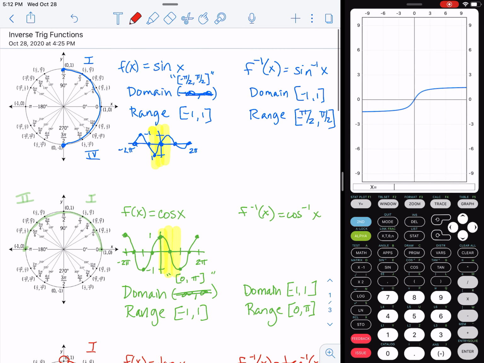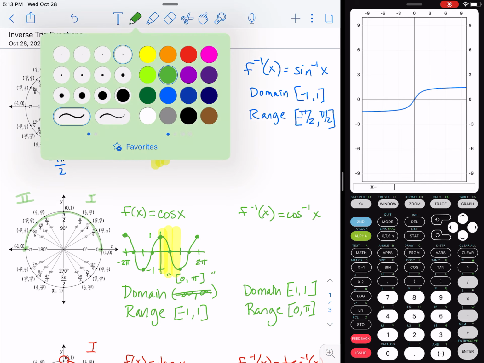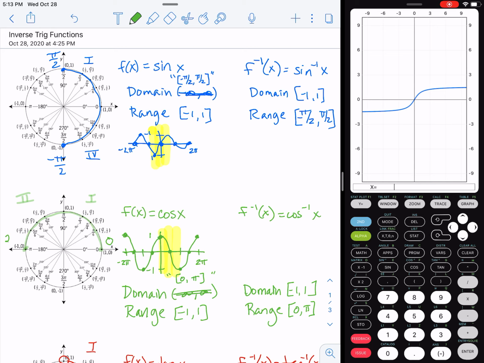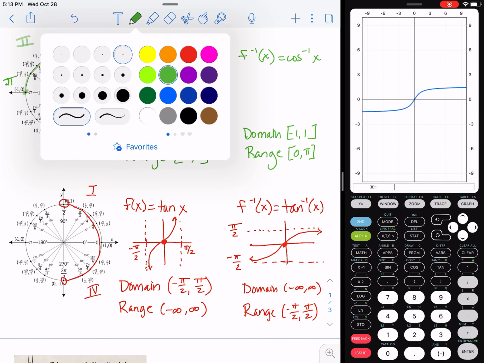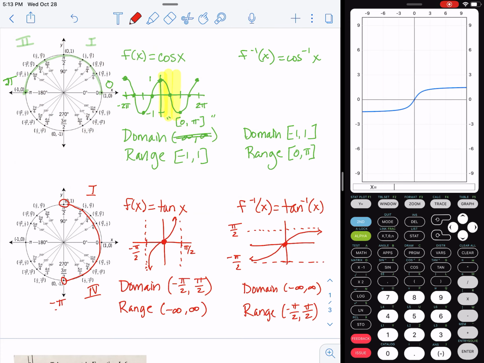Notice that the sine function includes negative pi over 2 to pi over 2, but it's also using the same quadrants, sorry. Quadrants 1 and 2. So here is negative pi over 2. Here is pi over 2. For the cosine function, it goes from 0 to pi. And then for the tangent function, your output's going to be negative pi over 2 to pi over 2, but not including those. All right?